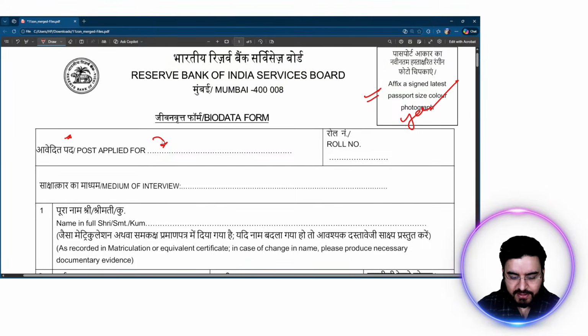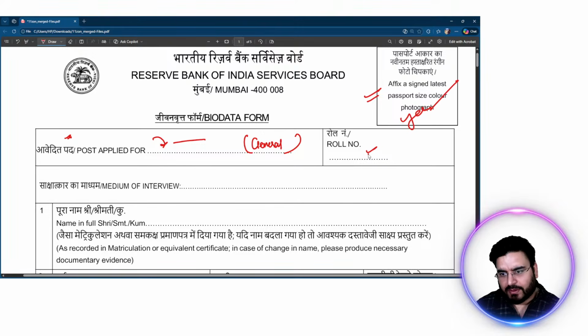So you have to fill that. Is it clear, everyone? Right, so you have to fill the position name. And if there is any specific specialization they have mentioned which you have applied for, in brackets you can mention it, or you can mention general here. Officer position Grade B, mention your roll number here.